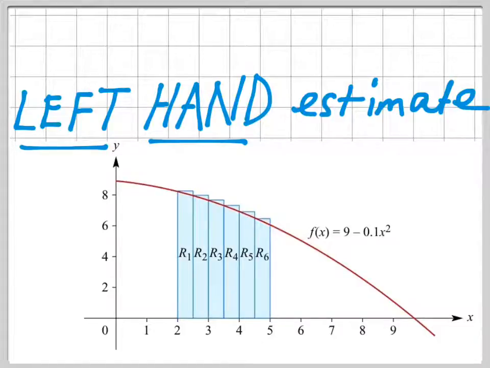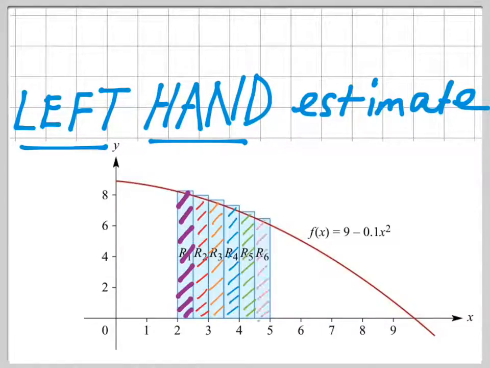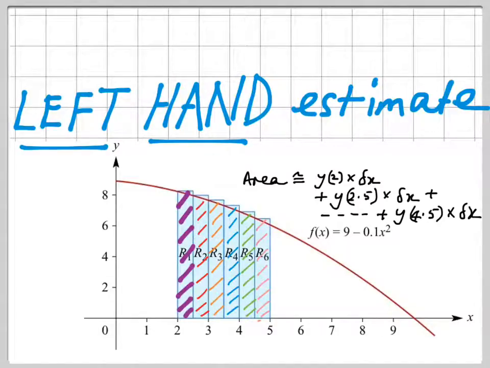And in that instance, we added up all those rectangles, and we said that the area was, for that first rectangle, the left-hand y value, which would have been y when x was 2, times the width, which we call delta x, plus all the rest of them, all the left-hand side y values times the delta x's, the widths.